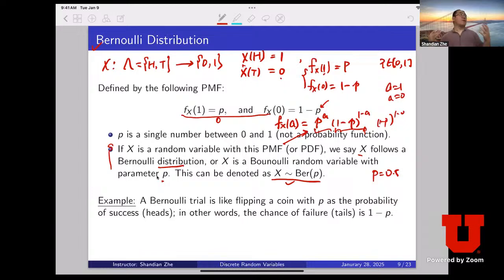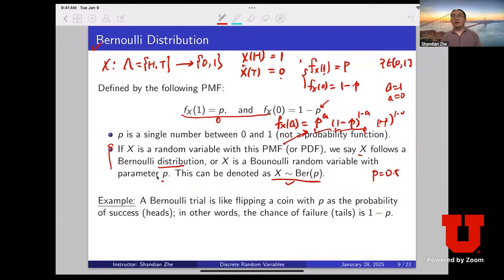You have 0.5 chance to see heads up, and that means you have 0.5 chance to see tails up. It basically means you are flipping a coin which was made very uniformly, like you have an equal chance to see the two sides.